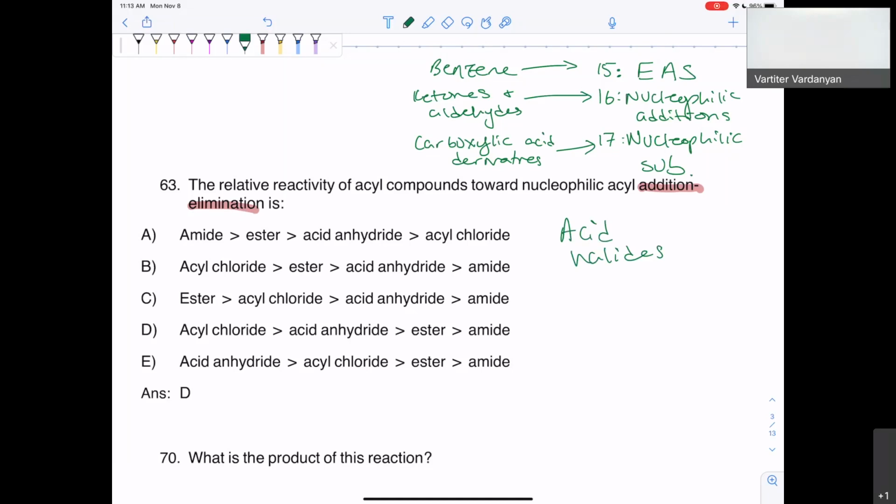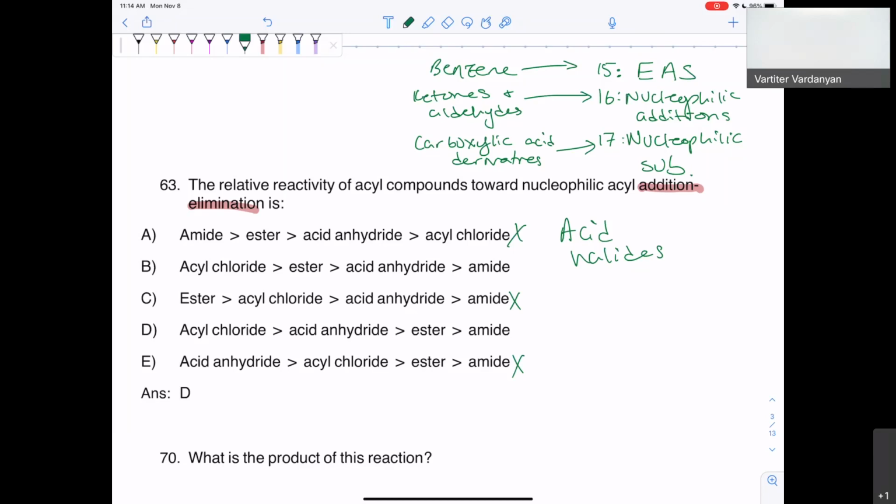So we're going to find the answer that starts with acyl chloride and get rid of everything else. And then we know that amides are the absolute least reactive, but that doesn't super help us in this case because both of those answers have amide. So now it's between esters and anhydrides.